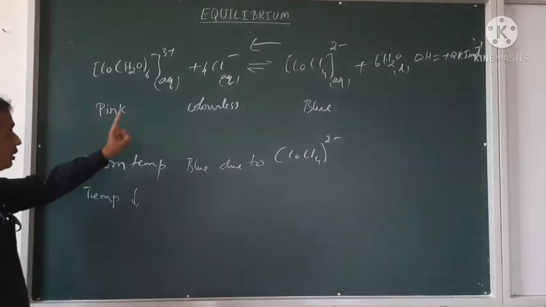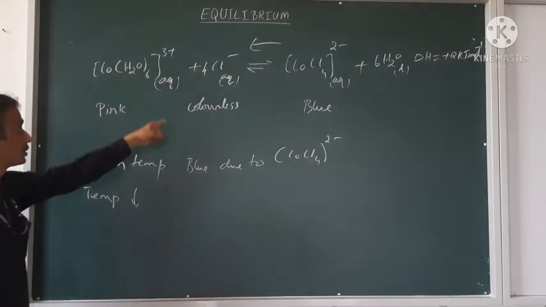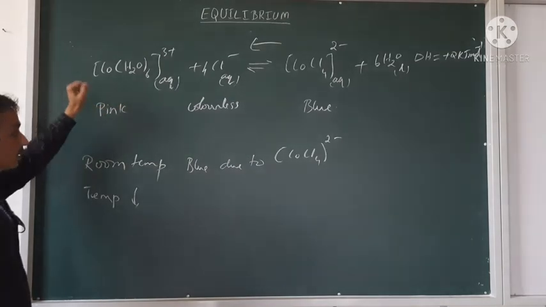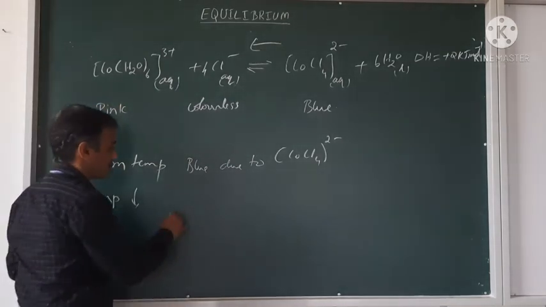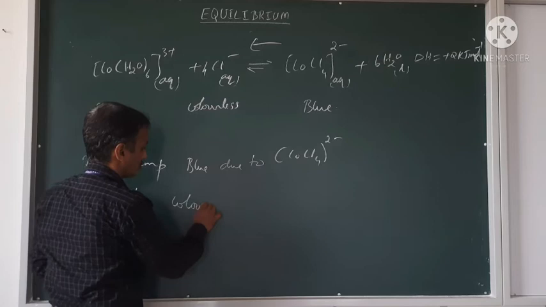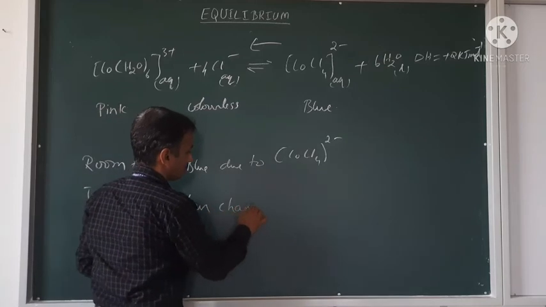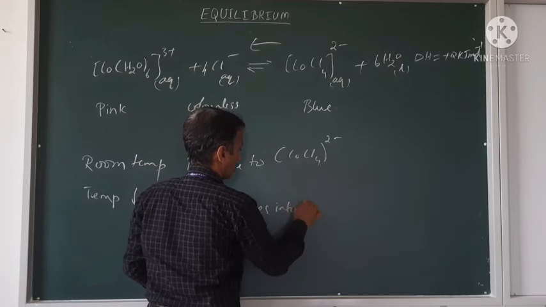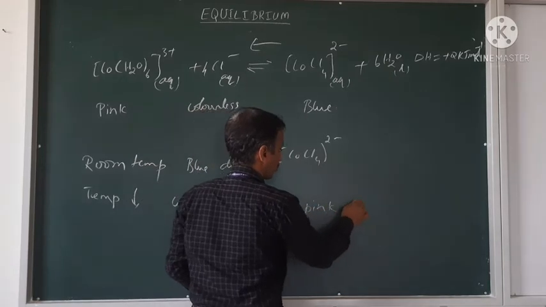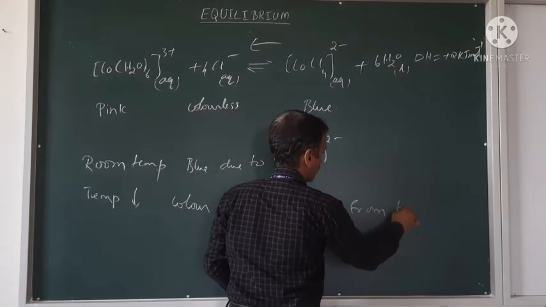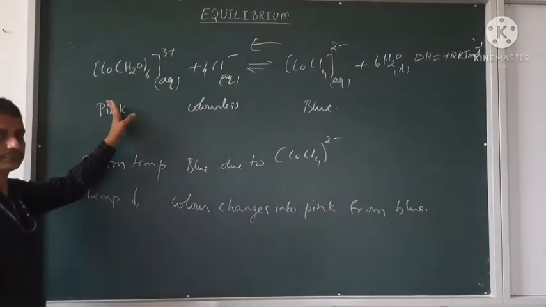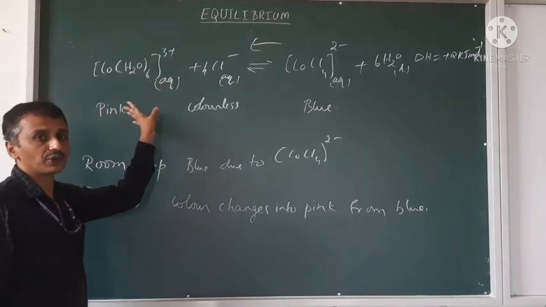When the reaction shifts in this direction, remember, the concentration of this complex with a pink color is going to increase, meaning the color changes from blue to pink because of the equilibrium shifting to the left.